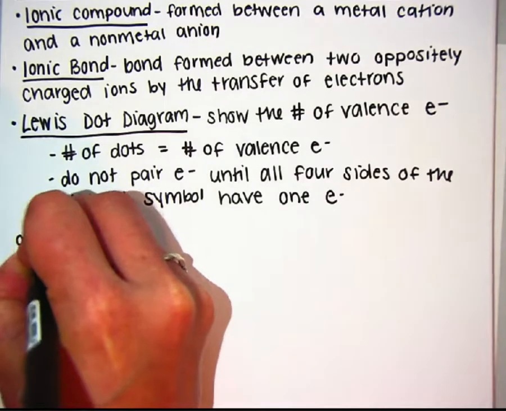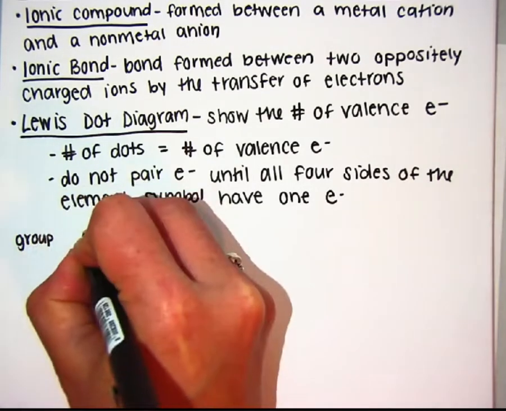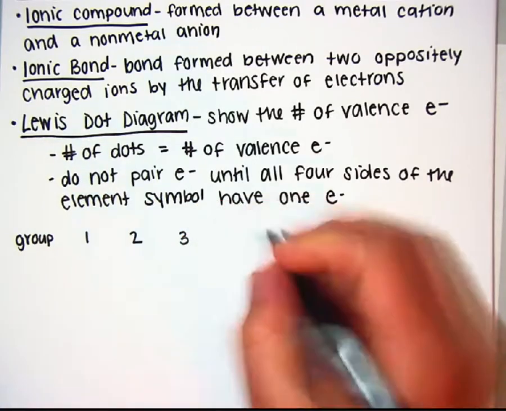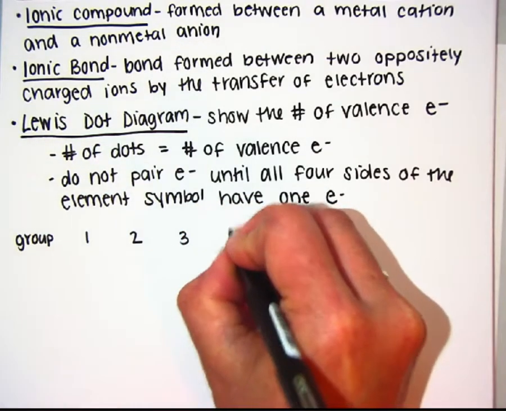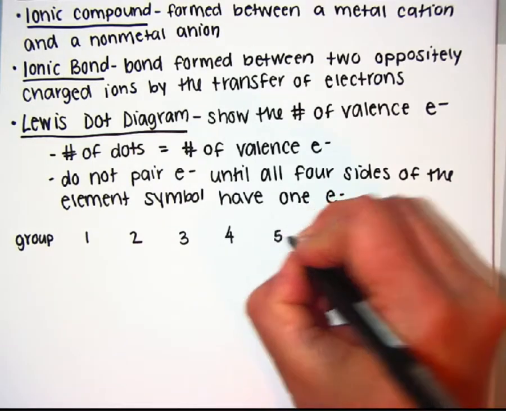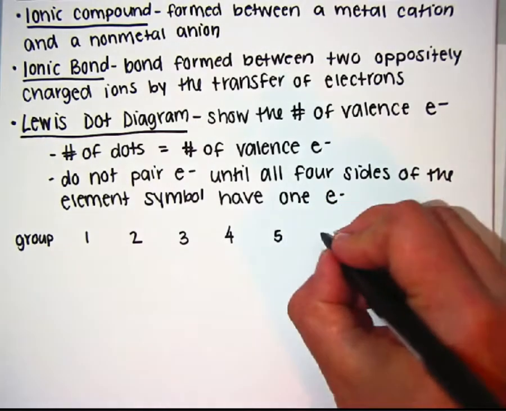So I'm going to make a little table, and we're going to do Lewis structures for one element in every period, one element in every group.